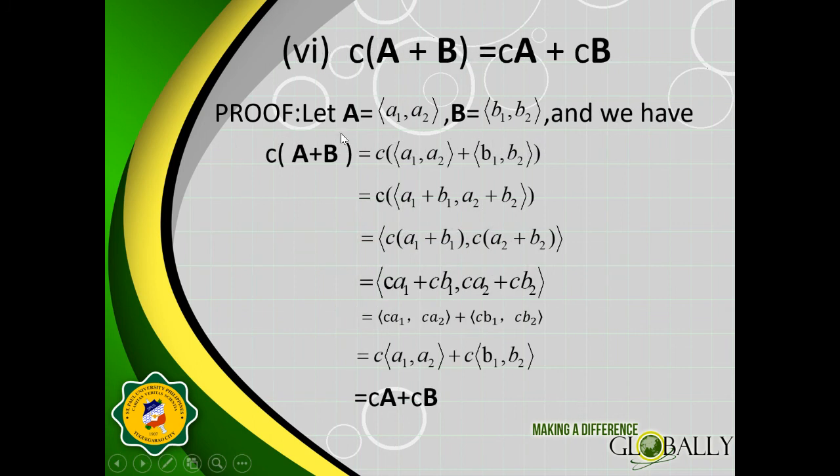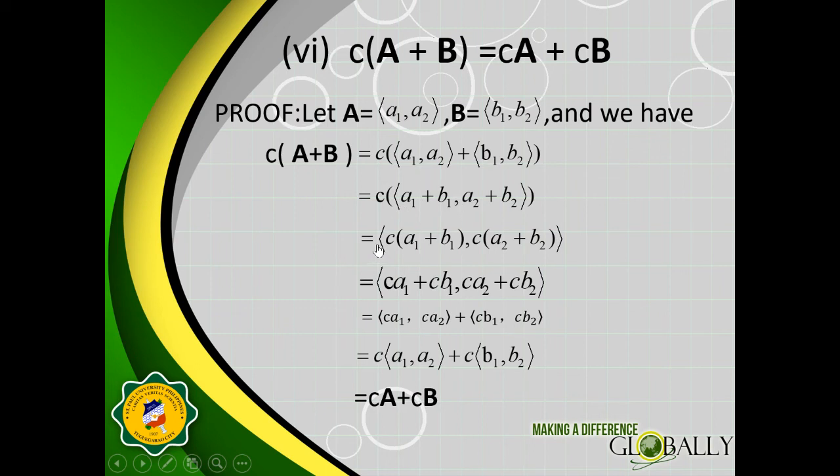Next, let A equals (A1, A2), B equals (B1, B2), and we have c multiplied by the sum of A and B equals c times ((A1, A2) plus (B1, B2)). We need to calculate the corresponding coordinates of the brackets.